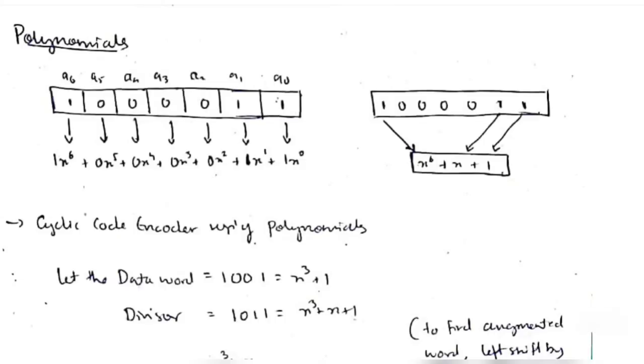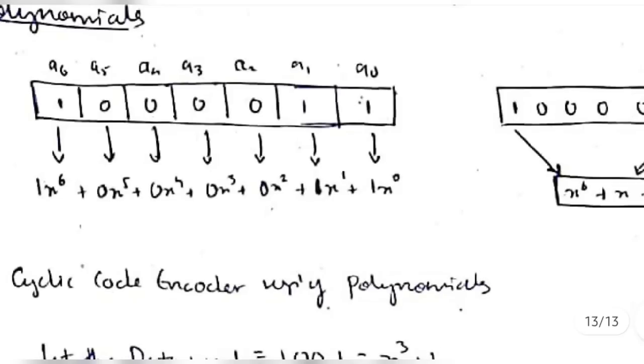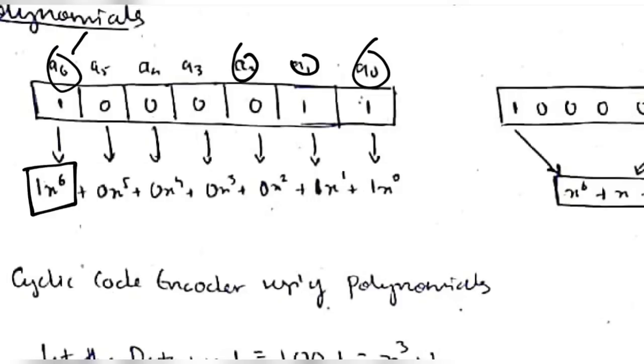Okay, the next method is polynomials. In polynomials we will have terms. If the data is 1000011, what we can do is assign the values 0 bit, 1 bit, 2 bit, and till 6 bit. Wherever the term is 1, we take 1 into x power the bit number, and 0 into x power the bit number wherever 0 is there.